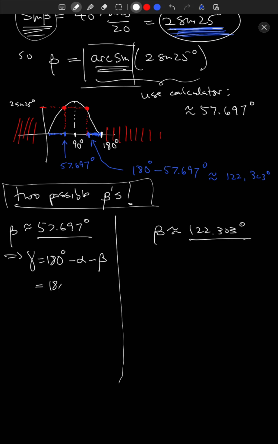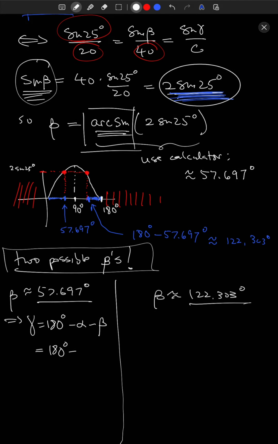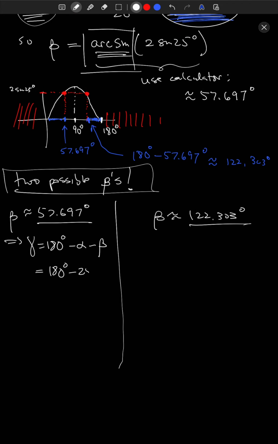Which is 180 degrees minus alpha, which was, I forgot already, 25 degrees, right? And beta, in this side of the screen, is 57.697 degrees. Okay. All right.